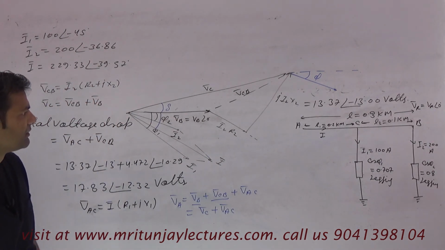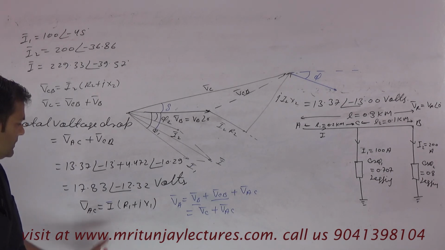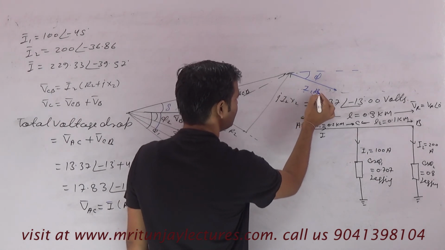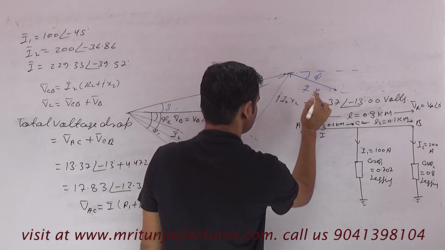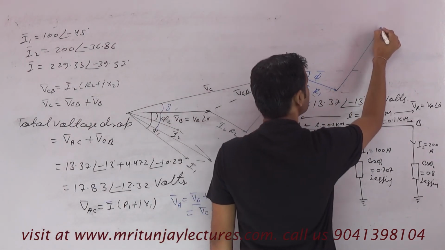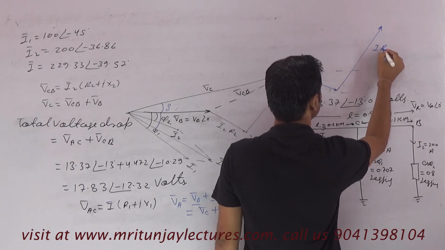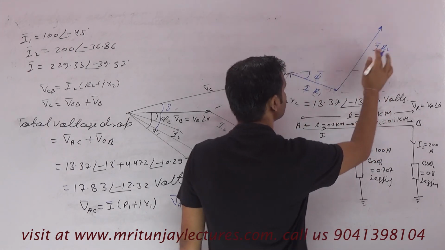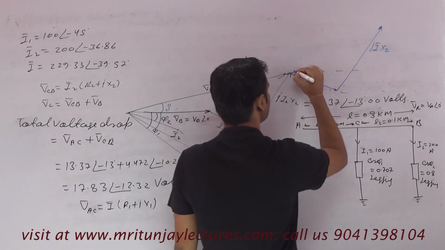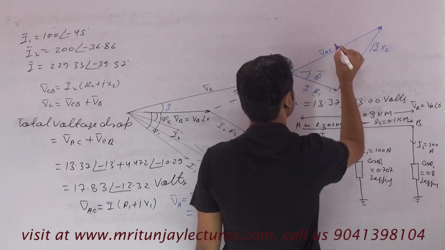Okay, so I into R1, I into R1 plus I into J into X1, and this one represent V of AC.